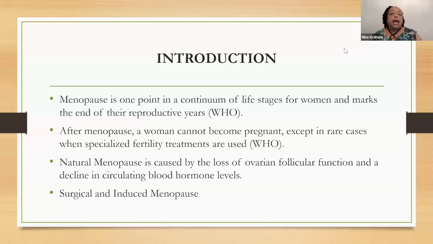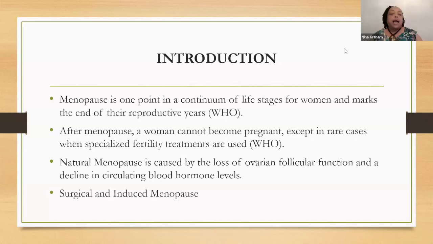That is a normal aging process. Now, you may have had a hysterectomy, which then is surgical menopause. And of course, that can occur before the age of menopause. You guys talked about the age a minute ago. And then there's induced menopause.